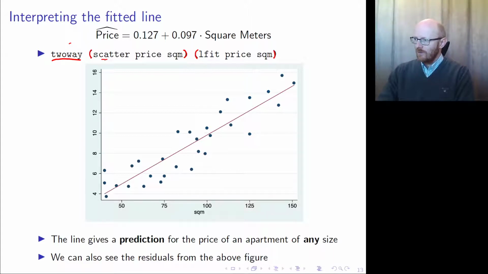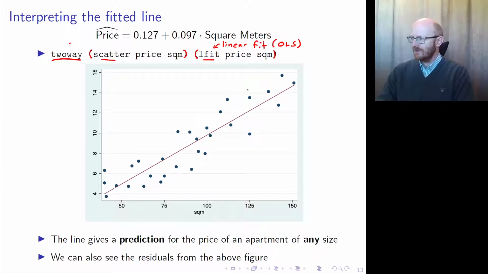So here we get a scatter plot, and here we get a line, okay? And LFIT stands for linear fit, which is by type of OLS, okay?